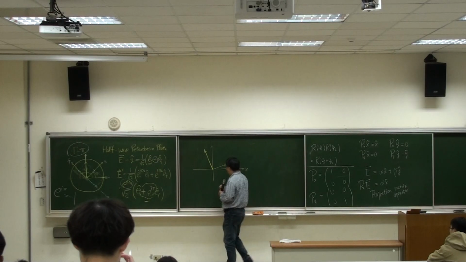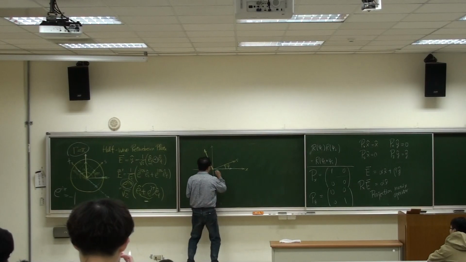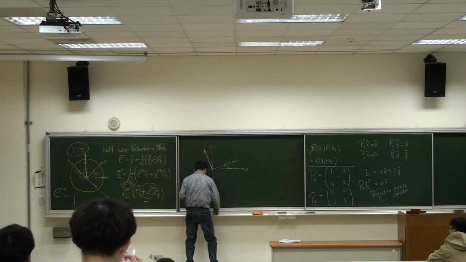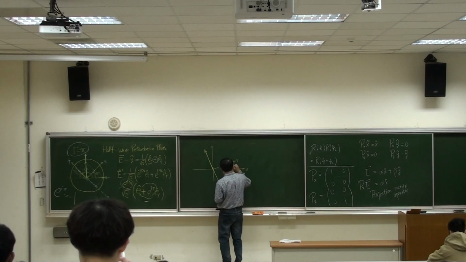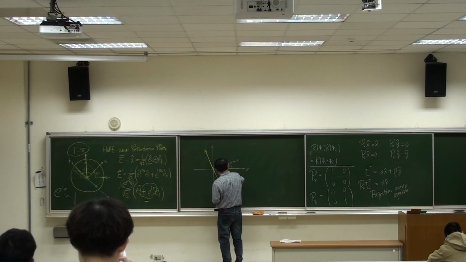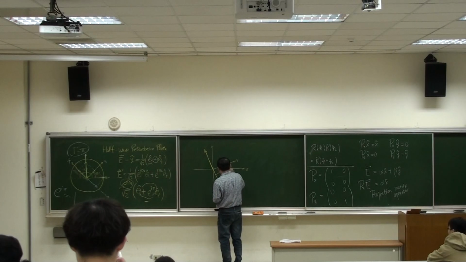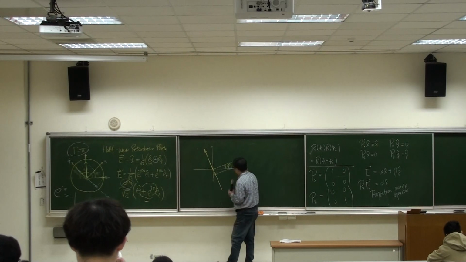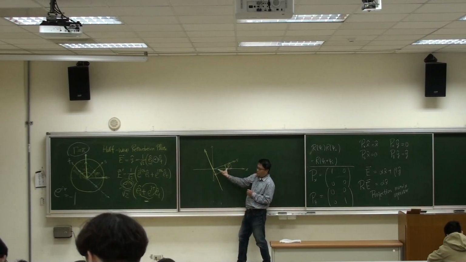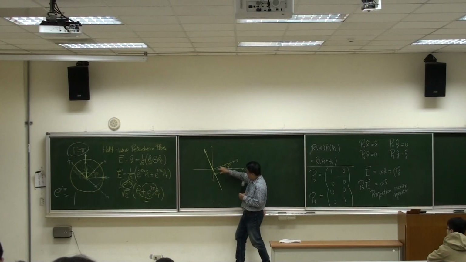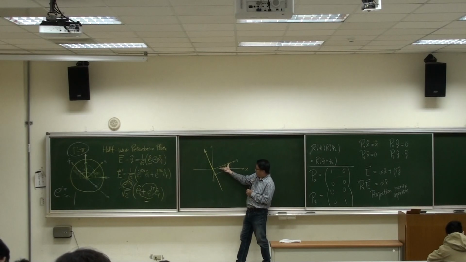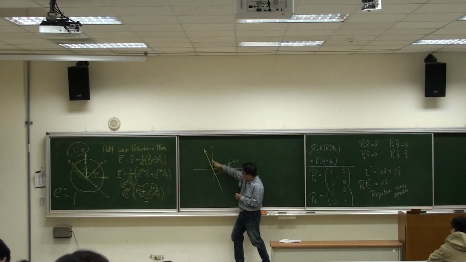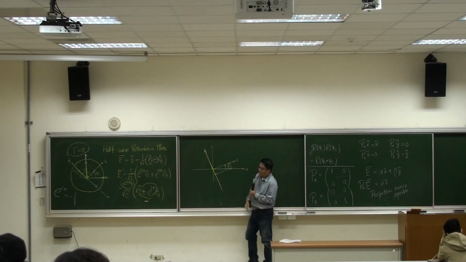You see that the original X polarization can be written as the vector sum of this component along the s-axis and this component along the fast axis.